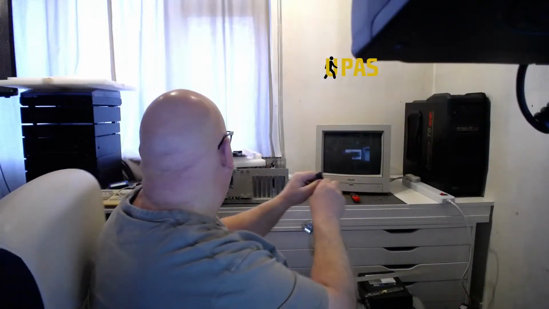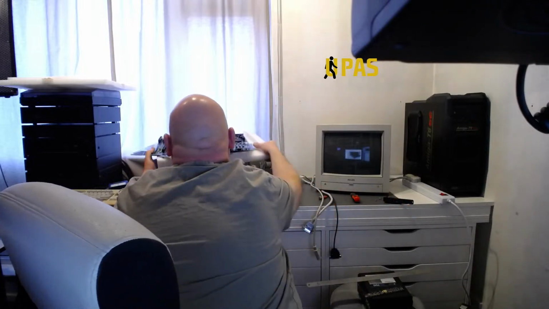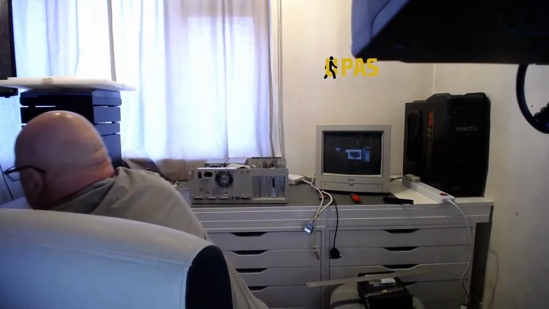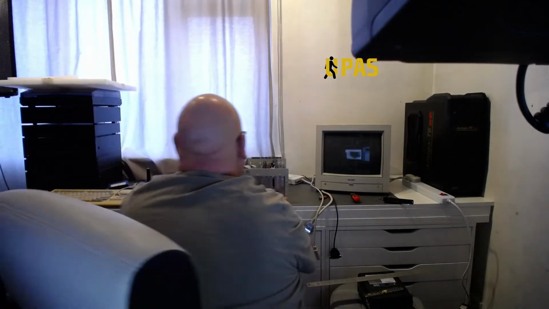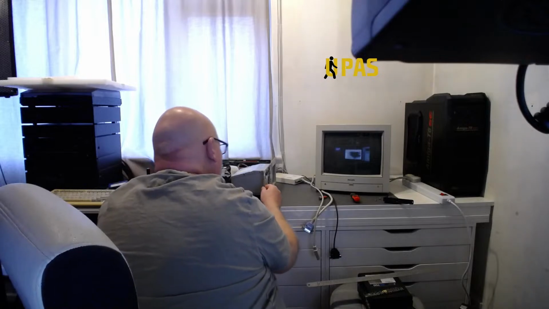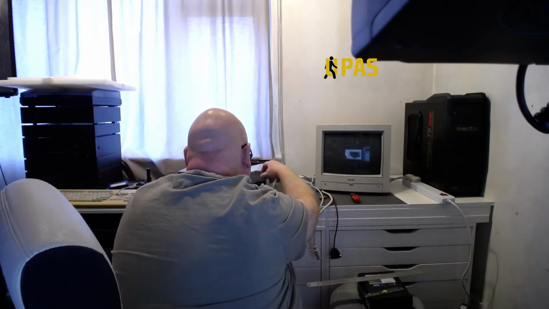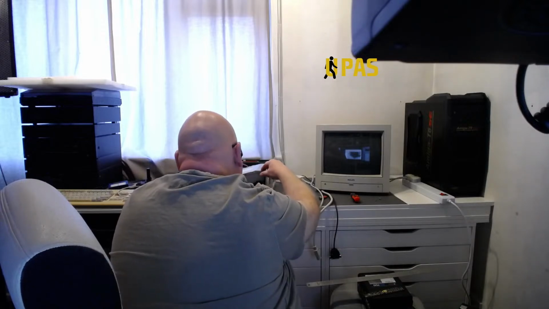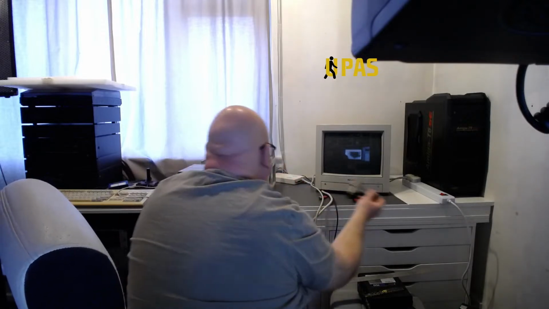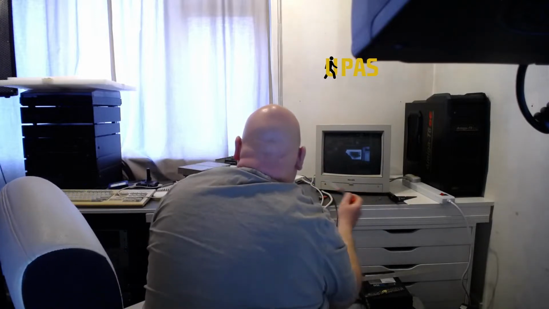So let's do that. I'll have to put the motherboard down a minute. Right, let's bring this round here. There is a cover plate on it. I do have to fit this to this at some point as well. So I'm going to have to temporarily take this slot off.